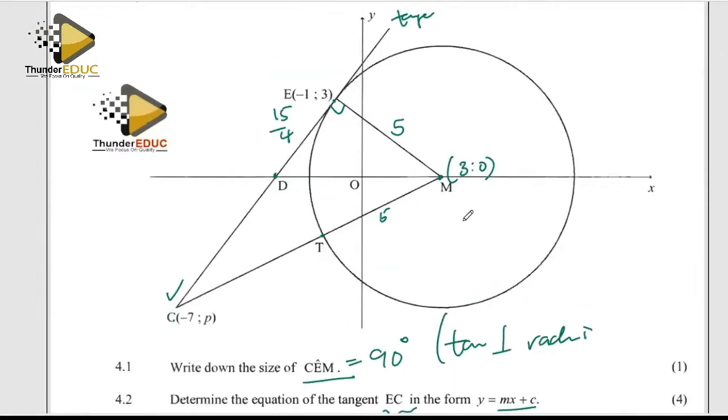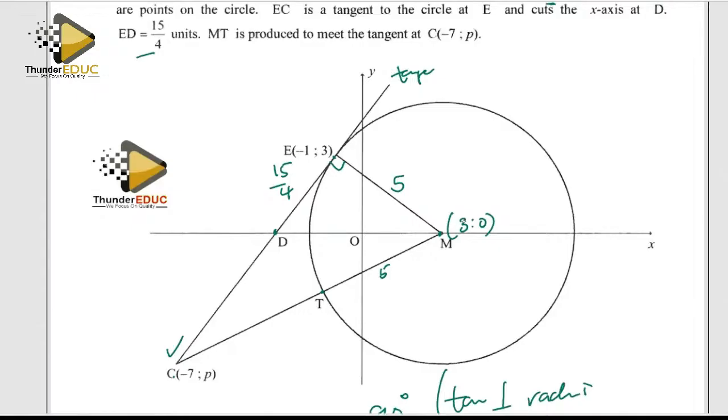Whenever they ask us for the equation of the tangent, we need to first of all get the gradient of the radius to the tangent. The gradient of the radius is going to be change in y over change in x, meaning that I'll get 3 minus 0 over negative 1 minus 3.